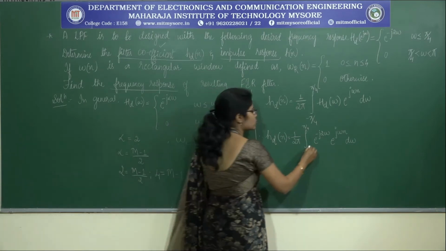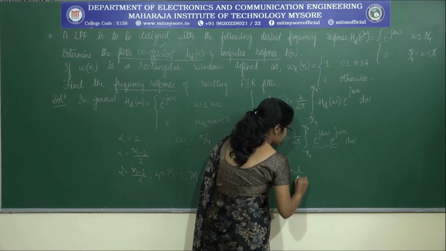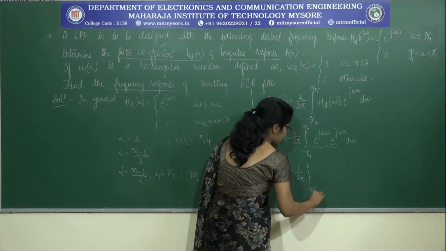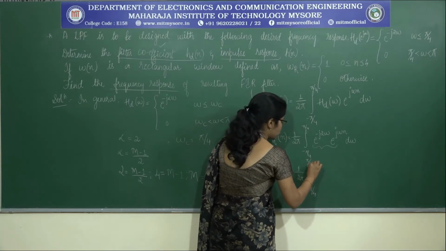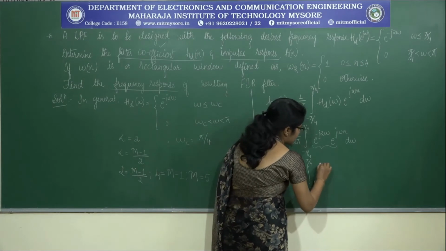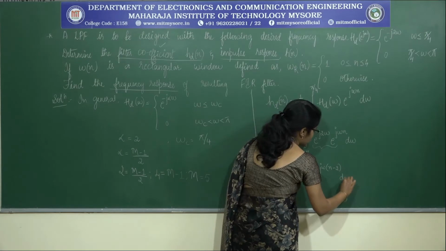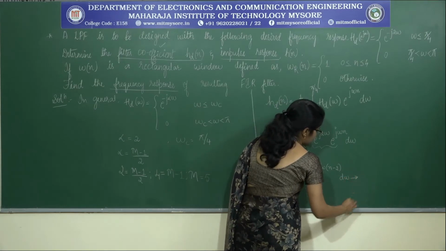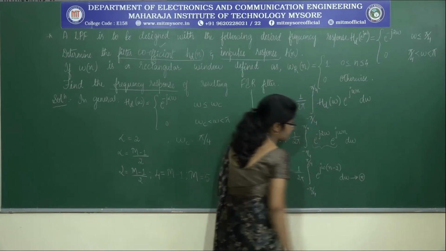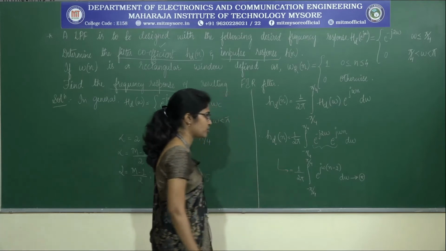Now instead of two exponential terms, let us combine and write it with a single exponential term. So the value of Hd of n will be equal to 1 by 2 pi integral from minus pi by 4 to plus pi by 4 of e power j omega into n minus 2 into d omega. Let us term this as equation star.